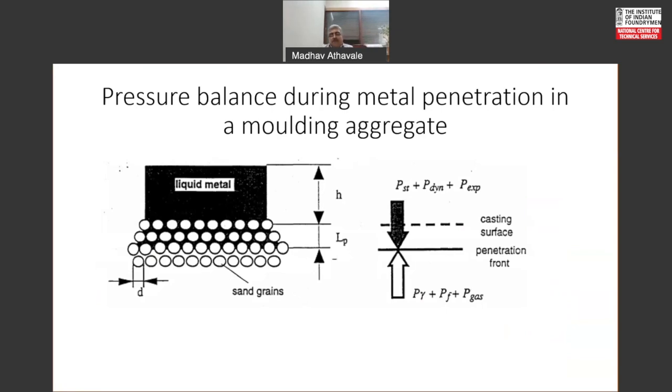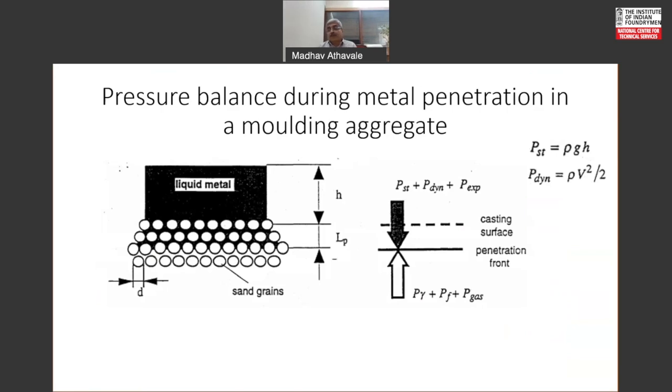And the ones which are resisting these pressures are the capillary forces. Then you have frictional forces and back pressure coming from any gases which are coming out of your binder system. Let's look at a little more detail. Now, P static is simply rho into g into h. Rho is the density of the metal, g is gravitational acceleration, and h, you know, is the head height.